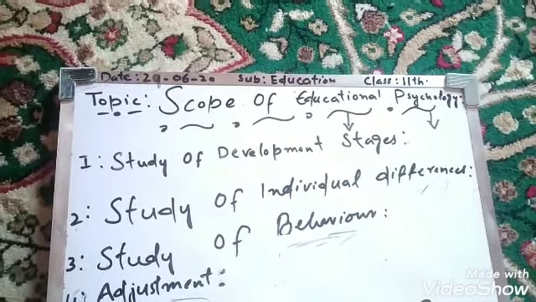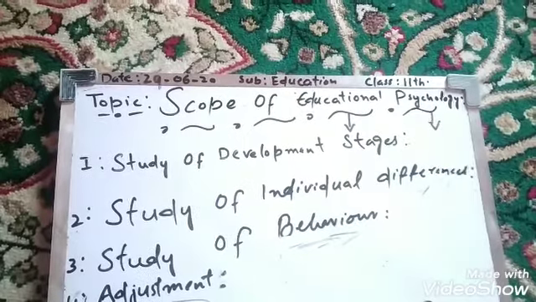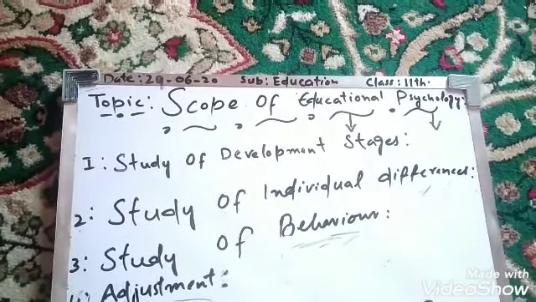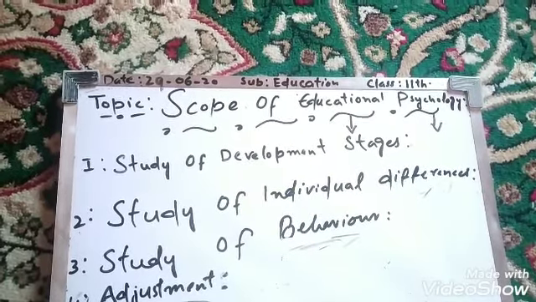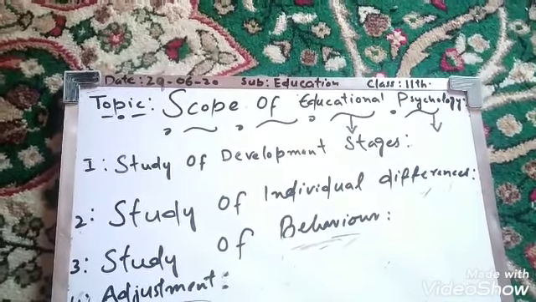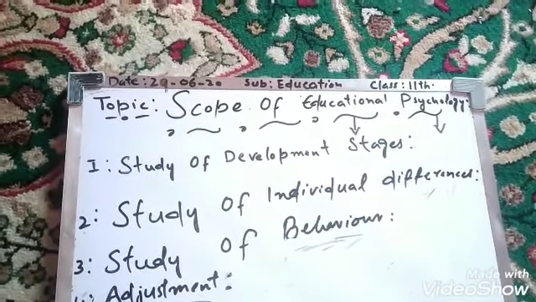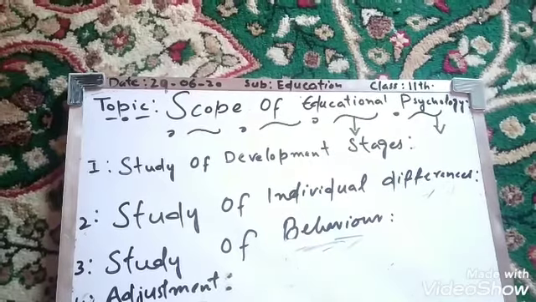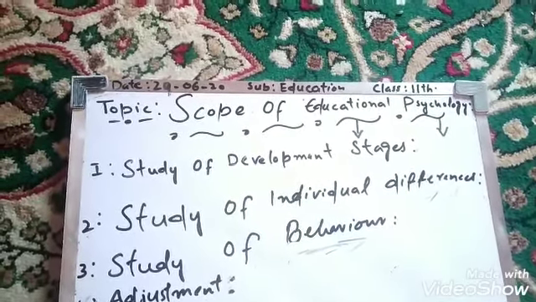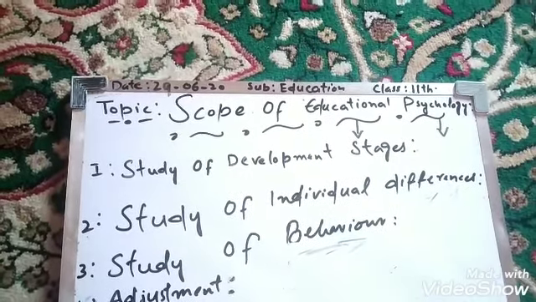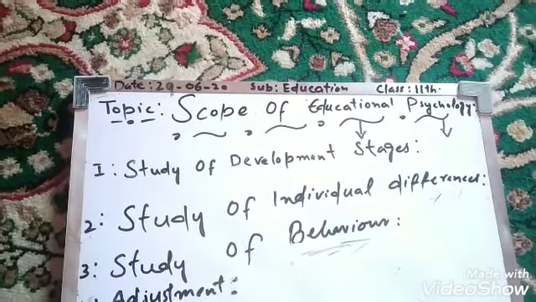The fifth one is measurement and evaluation. Educational psychology provides us different measures, new and effective techniques to measure the attitudes, interests, and achievements of the students.